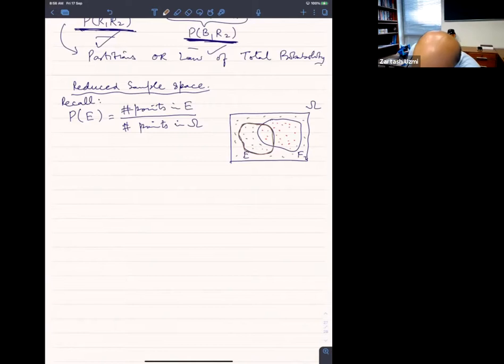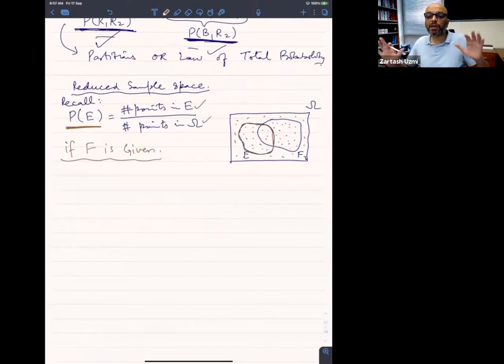Now, the general definition is that the probability of an event E is the number of points in E divided by the number of points in the sample space. If something is given, if F is given, now you know something. Now your world is confined to F. Now you are guaranteed that one of the red outcomes has occurred.